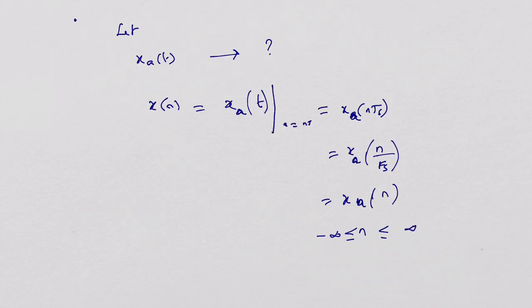So let us see. Xa of t is an analog signal or a continuous time signal. X of n is a discrete time sequence. Generating discrete time sequences from an analog signal is called sampling. So in xa of t, we are replacing t with n into Ts.